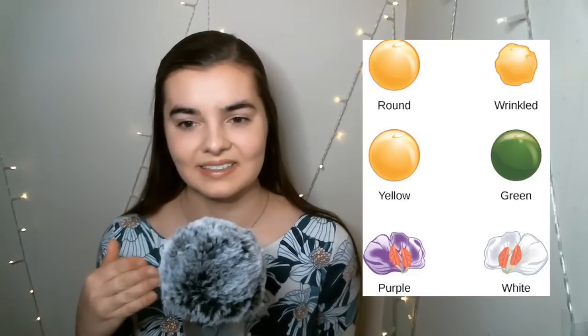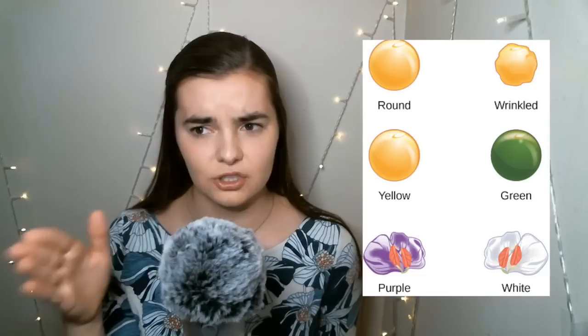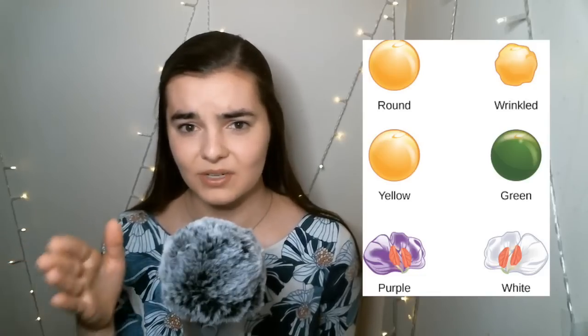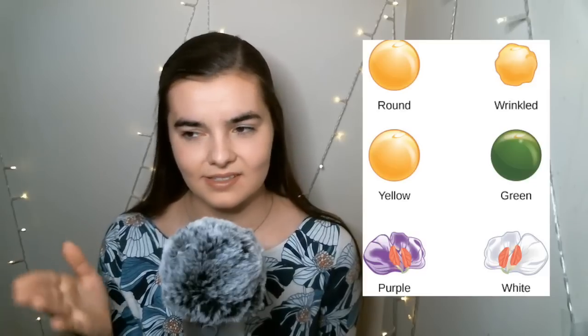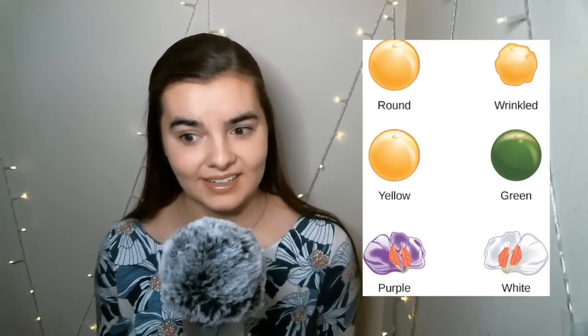Imagine trying to study genetics in humans by just looking at how they look. It'd be kind of hard because we don't always get a perfect mix of our parents. So pea plants were very simple, and that was kind of why he discovered genetics. But anyway, my little fun fact tangent.